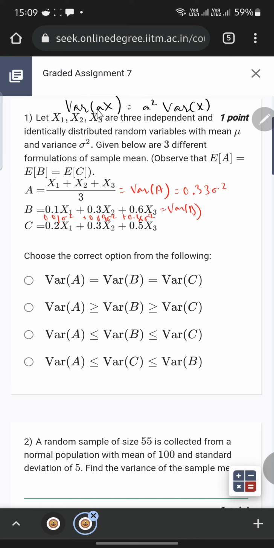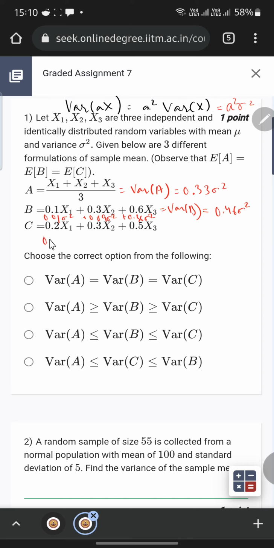Variance of 0.1x would be 0.01 times the variance, 0.3x would be 0.09 sigma square, and 0.6x would be 0.36 sigma square. So the variance of B would be the sum of all these, which is 0.46 sigma square.